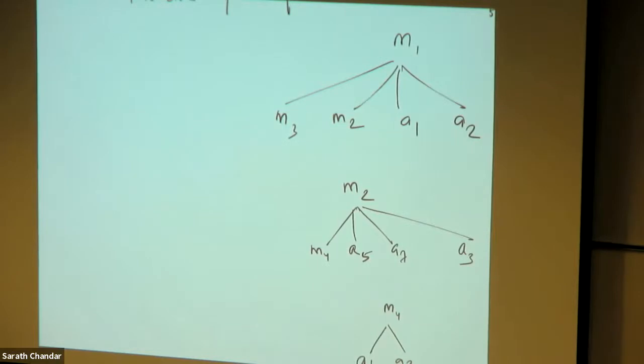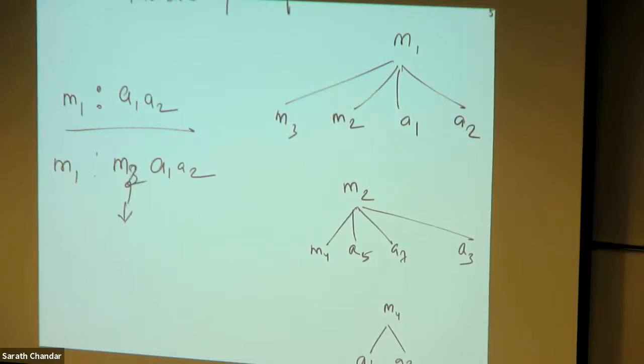Now, when I take action M1, M1 might decide to just do A1, A2, then we are done. Or macro action 1 might pick M3 followed by A1, A2. So now I have to expand this M3. So let us say M3, I don't have M3 here, M2.